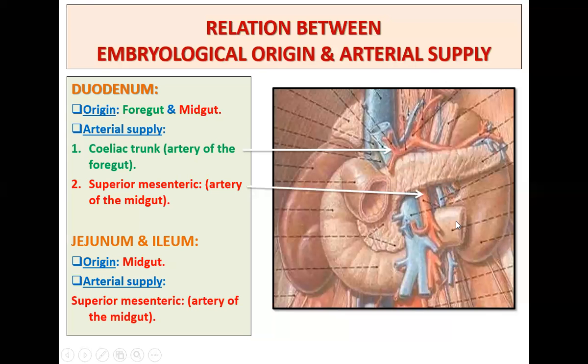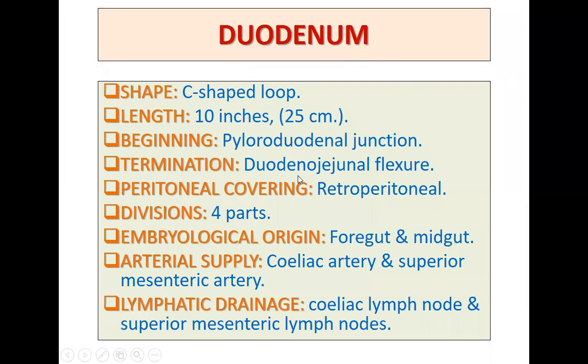The termination will be into the jejunum through the duodenojejunal flexure. So if you see here, this is the duodenum and the beginning of the jejunum. This junction between the duodenum and jejunum is called the duodenojejunal flexure. So beginning from the pyloroduodenal junction, termination at the duodenojejunal flexure. Peritoneal covering, as we have seen already, it is behind the peritoneum, so it is called retroperitoneal.